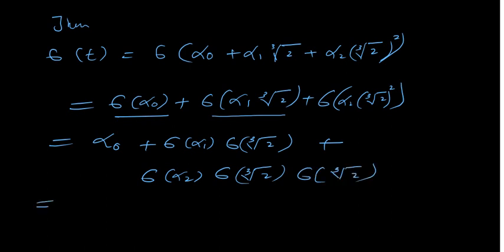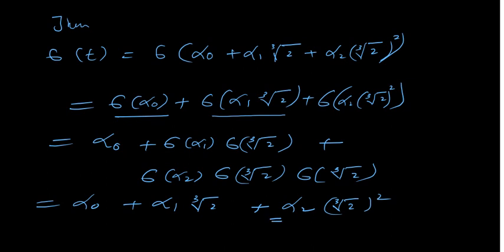This is equal to alpha naught plus, since sigma of alpha 1 is alpha 1 and sigma of cube root of 2 is cube root of 2, plus sigma of alpha 2 is alpha 2 and sigma of cube root of 2 is cube root of 2, cube root of 2 squared. So this is the same as T. So that means sigma of T is T for all T in K.